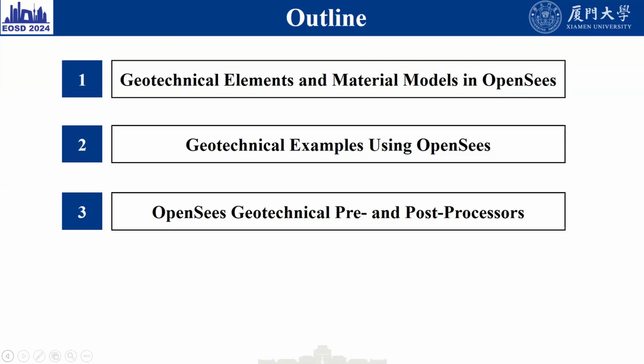The second section will be geotechnical examples using OpenSees that you might be interested in, including embankment, earth dam, and soil-structure interaction. The last section is OpenSees geotechnical pre- and post-processors developed by our group in the past maybe 20 years.